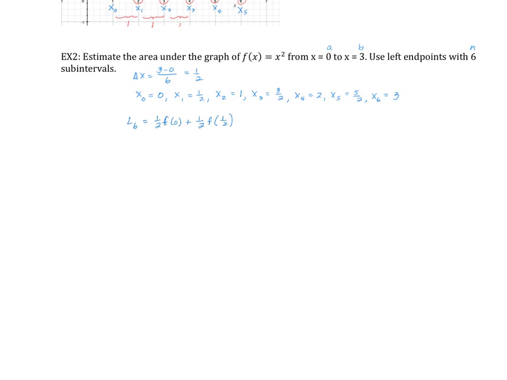So when you do left endpoints, you always start with the first, the x sub 0. And I need 6 of these, right? So I'm going to go 1, 2, 3, 4, 5, 6. That's where I'm going to stop.